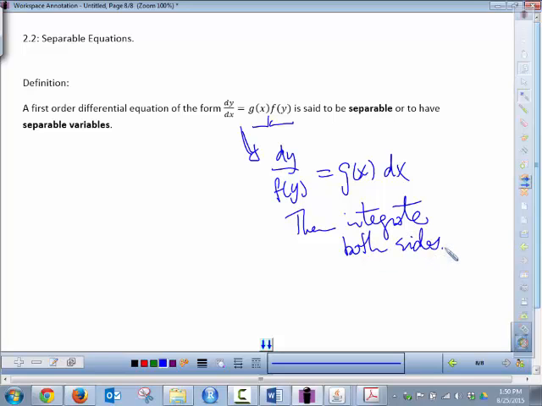So you integrate both sides and then solve for y, if you can.